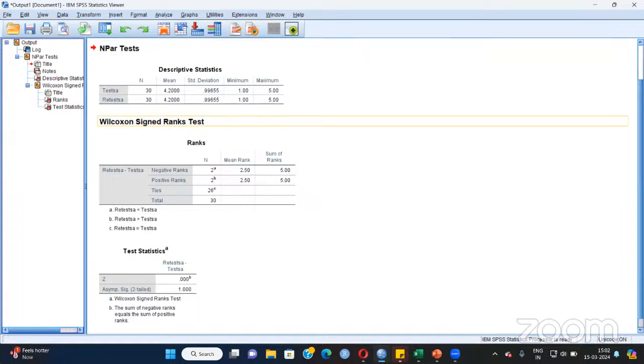The result shows that there is no significant difference between the two groups. And here you can find the two-tailed. Kavita, now you can find the two-tailed test here in case of the paired sample.